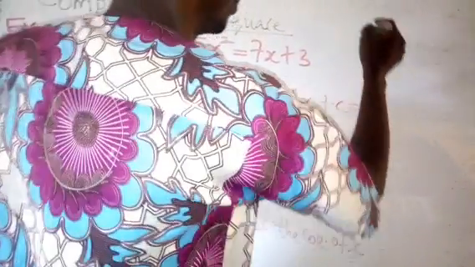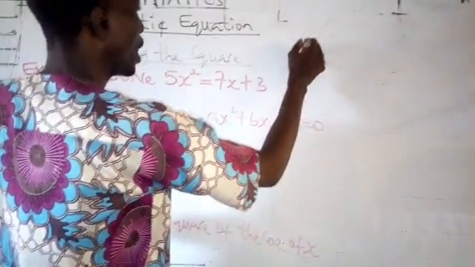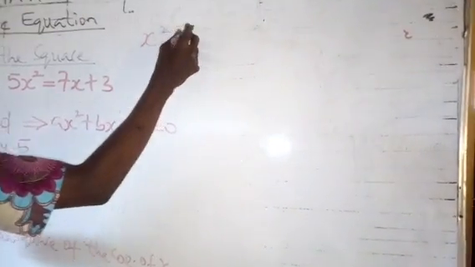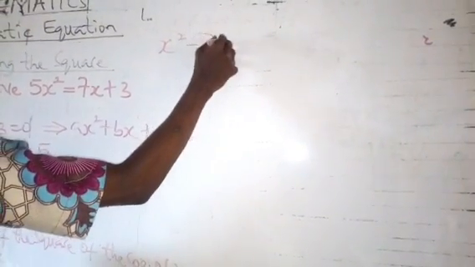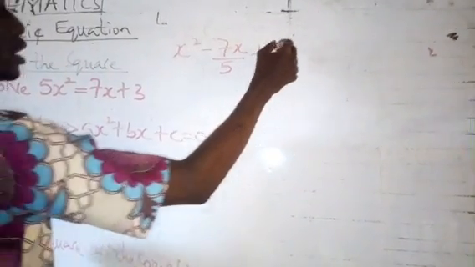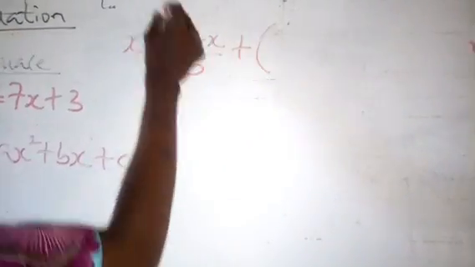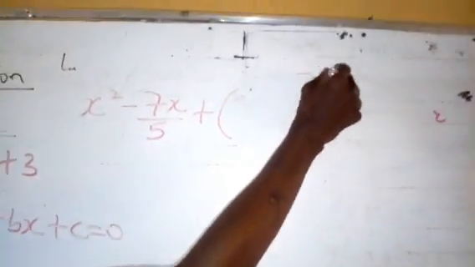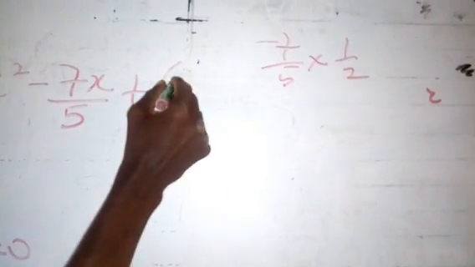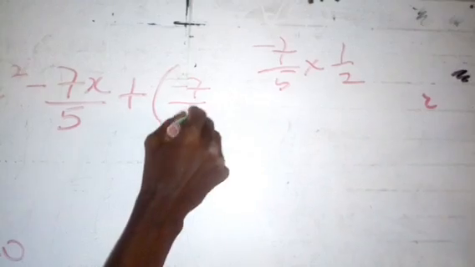Let's move on. We now have x squared minus 7x over 5 plus. Now half of this is minus 7 over 5 times 1 over 2. That will give us minus 7 over 10.